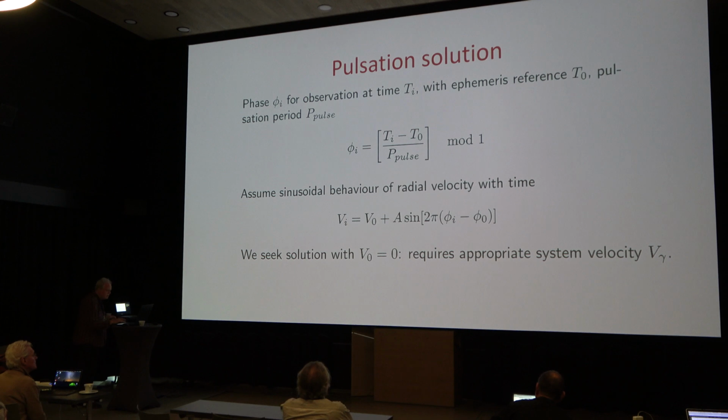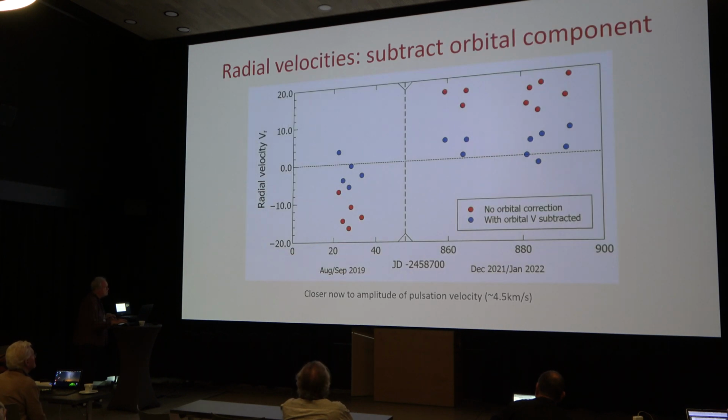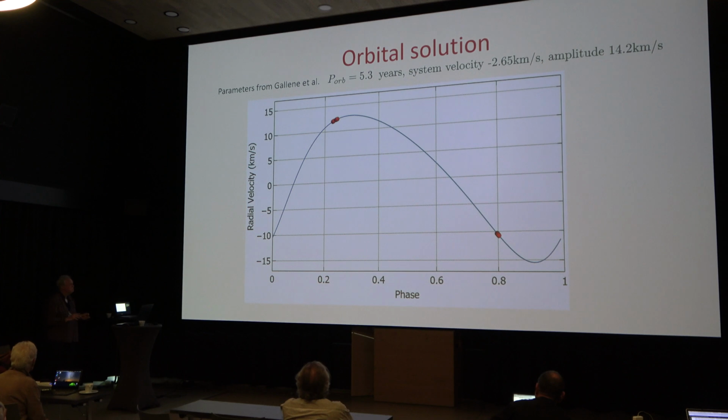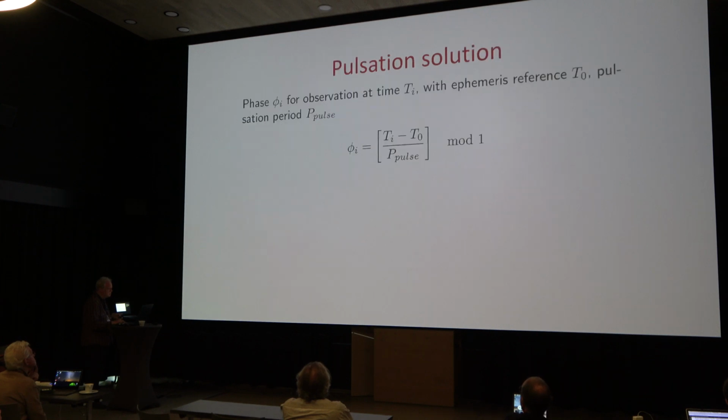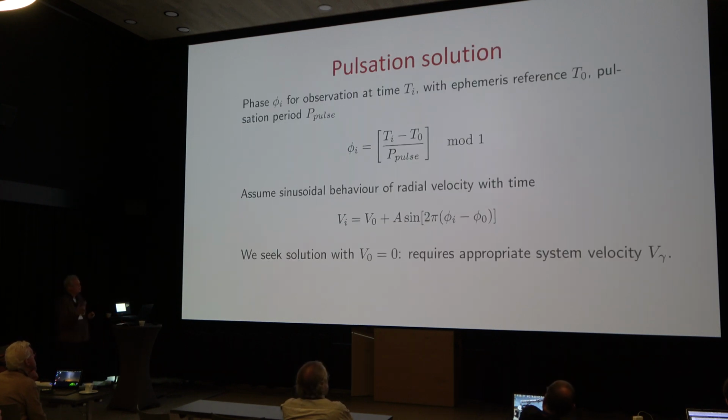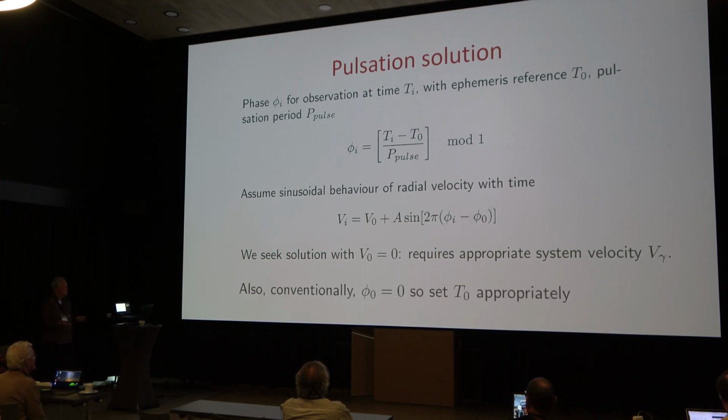I should emphasize that this curve here, the observant in the audience will notice, doesn't have a mean of 0, because this includes the overall system velocity as well. By fiddling with the system velocity, you can ensure that this is 0. And also conventionally, the initial phase is 0, so I'm going to choose an initial time point t0 appropriately.